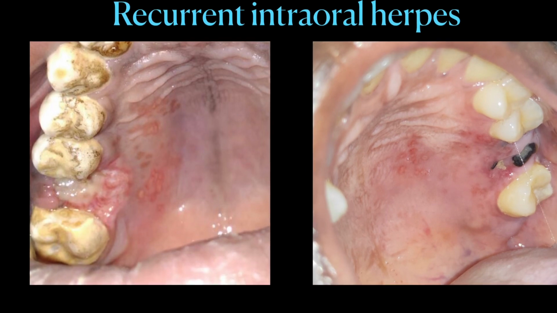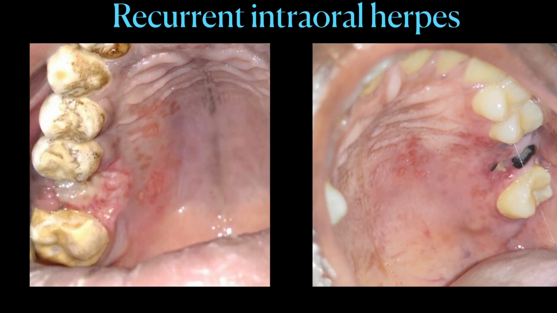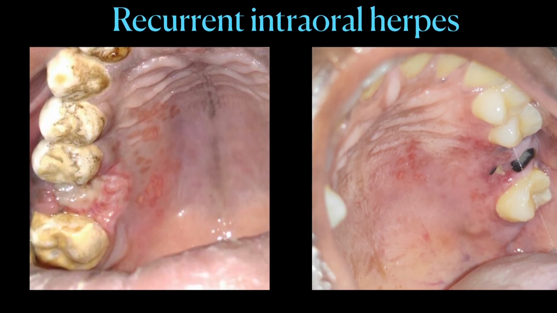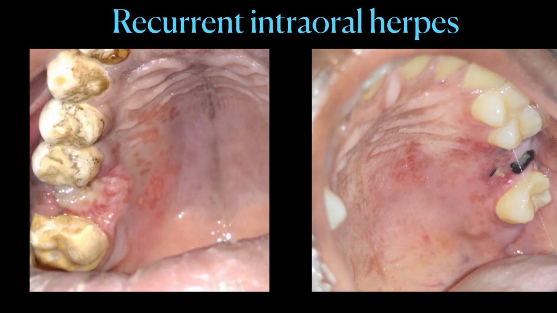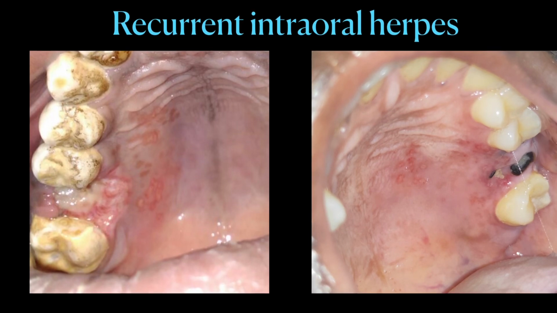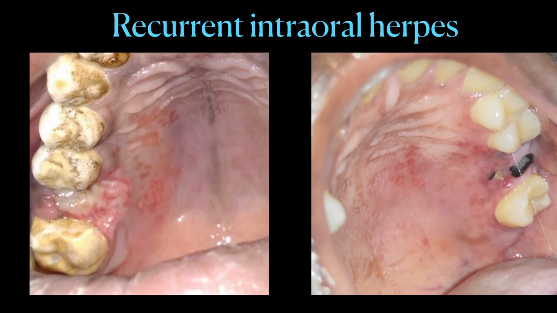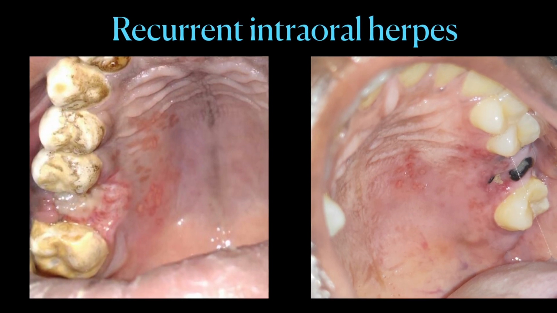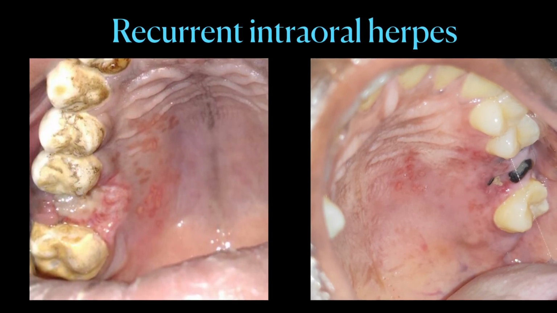Recurrent intraoral herpes clinically presents as multiple pinpoint ulcers that occur in keratinized mucosa, that's gingiva and hard palate. 99% of the time, the patient who visits the dental surgeon will complain of toothache.